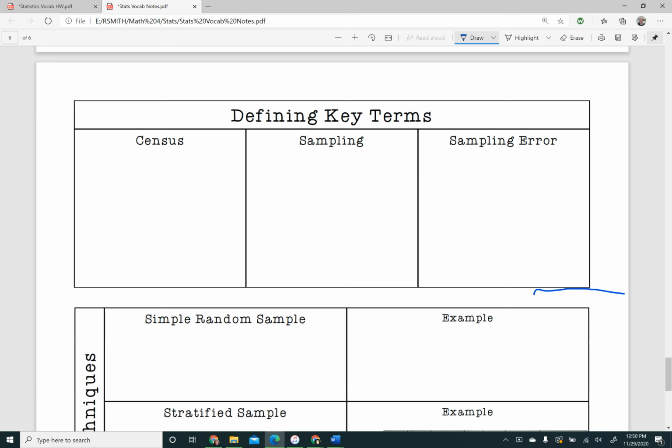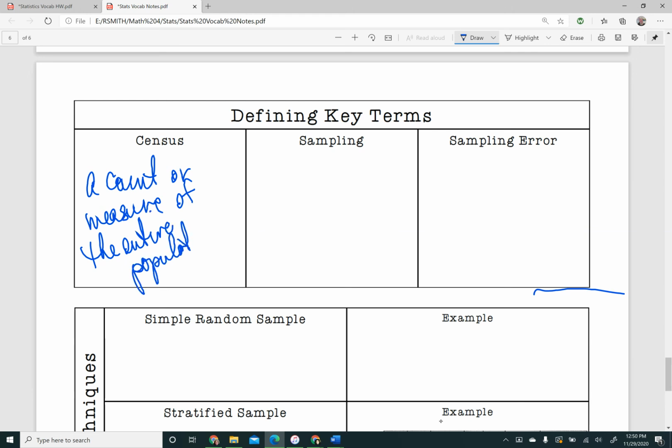So the census is a count or measure of the entire population. I think we do it every 10 years, don't we? We're in the process of a census right now. Sampling is a count or measure of a part of the population.